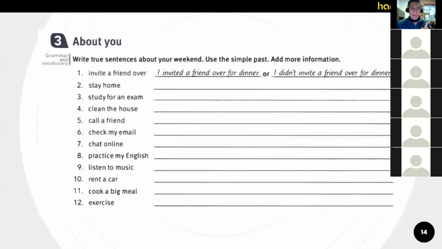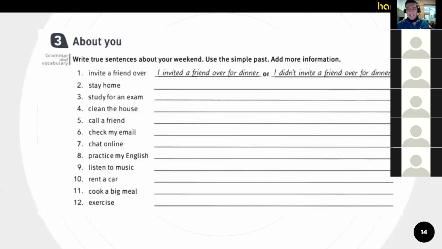So remember, it's not correct to say stayeth, stayed. Stay. Okay, studieth, studied. Cleaneth, cleaned. Calleth, called. This is a synonym, not like cold, like when you are very cold. That can be one tip.